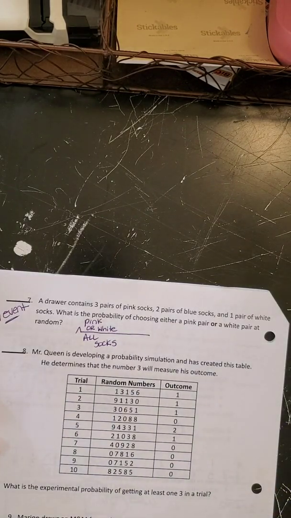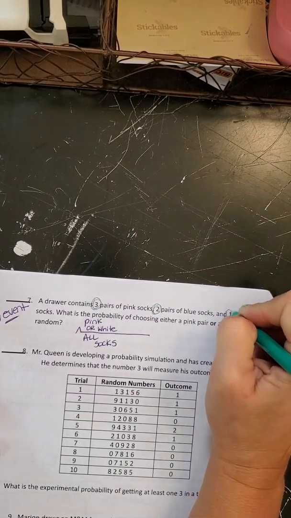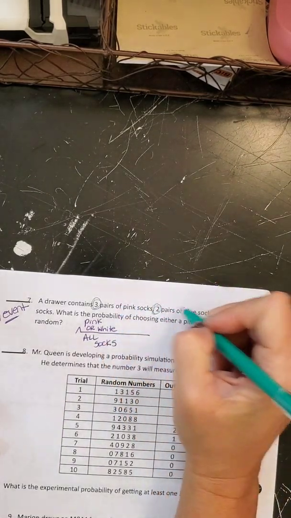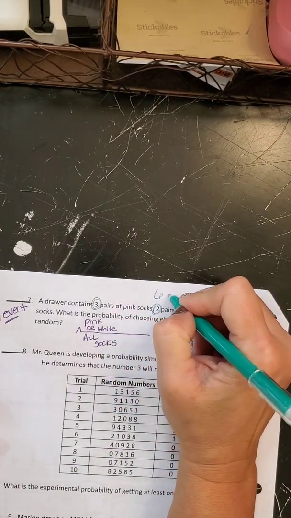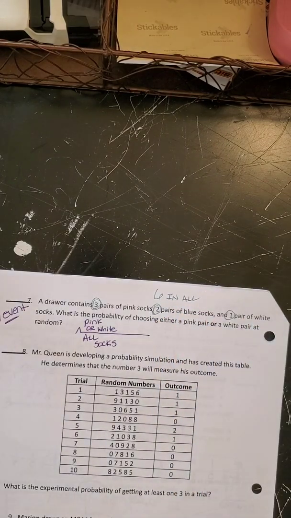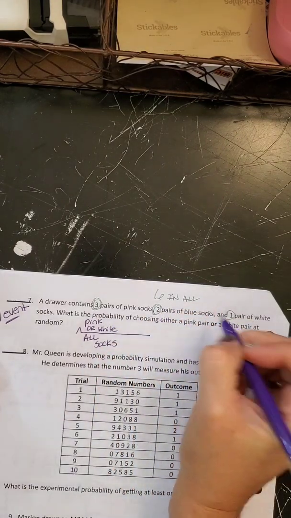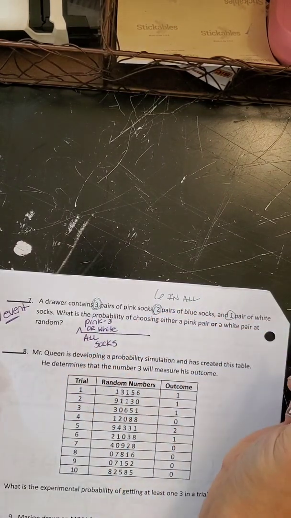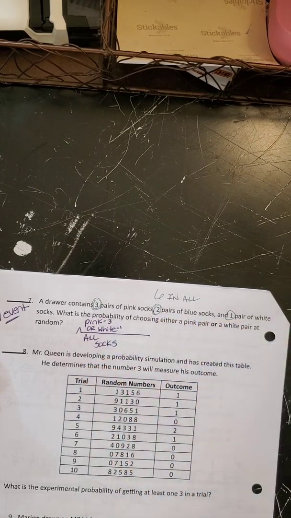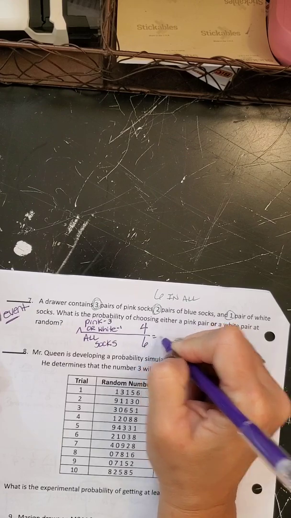Our all, 3, 2, 1. That's 5, 6 in all. We have 6 in all. So pink, there were 3 pair. And white, there was 1 pair. So that's 4 out of 6.